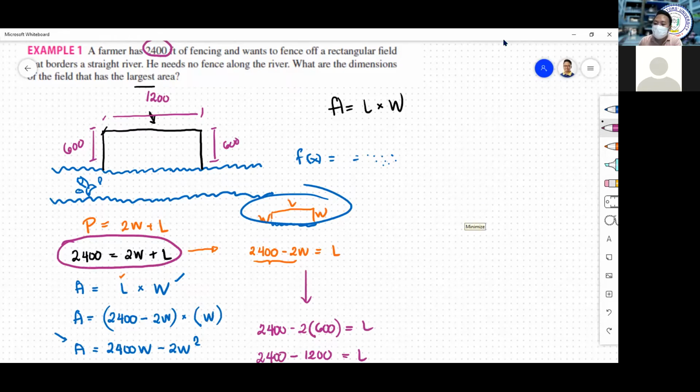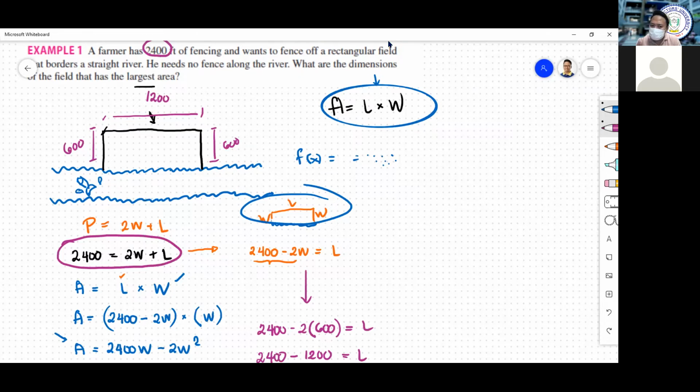If we were to go directly to the area right away, remember that we need to optimize the area. That's the whole thing. And if we wish to get the derivative right away, it's going to be hard because we have two unknown variables, the length and the width.